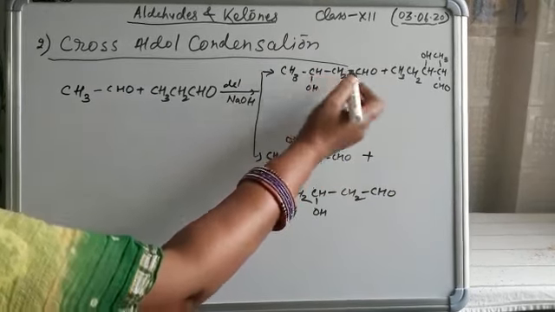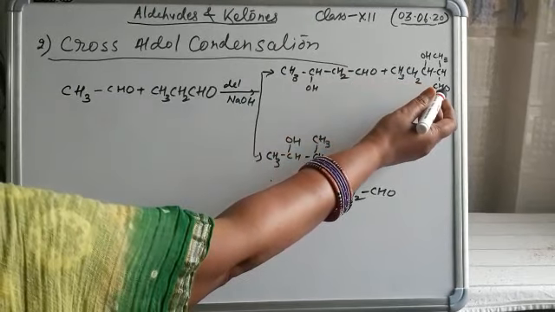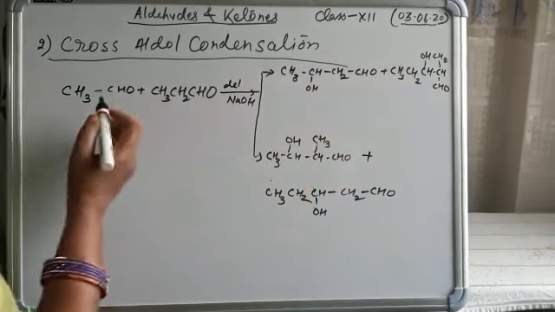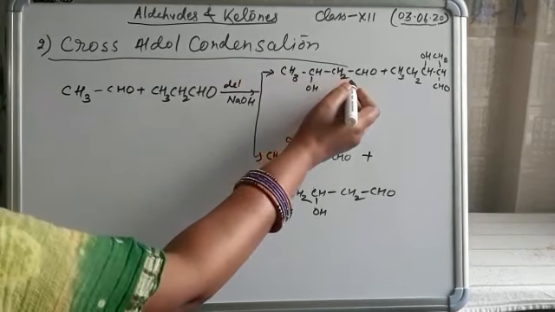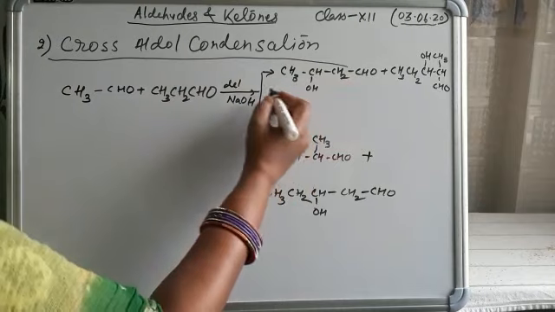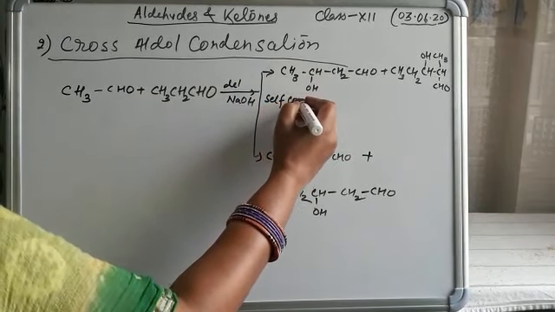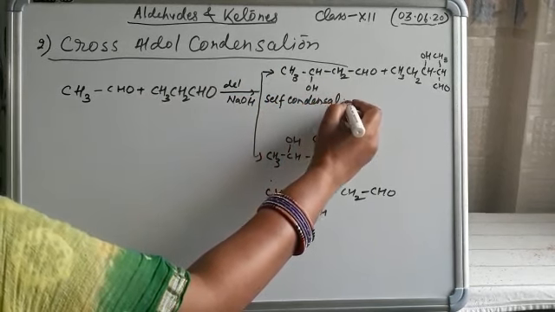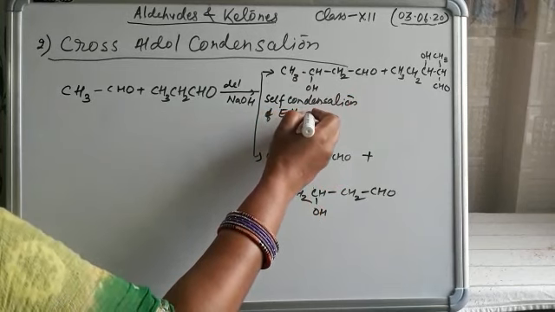1, 2, 3, 4, 3 hydroxybutanol, similarly 3 hydroxy 2 methyl pentanol, self condensation and self condensation. Self condensation means when ethanol reacts with each other to form this compound. Self condensation of two molecules of ethanol. We can write here also self condensation of ethanol molecules.